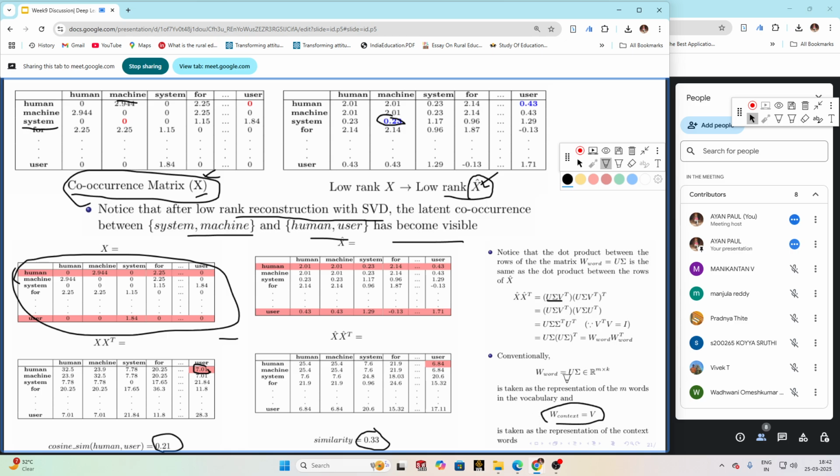So this is again maths, and I am not going deep into the maths. You just need to understand that whenever we apply this SVD and make this co-occurrence matrix a lower rank matrix, the values become visible in the case of system and machine, and human and user. Earlier it was 0, but now it is visible. In terms of cosine similarity, earlier the cosine similarity was smaller, but whenever we apply SVD, the cosine similarity also increases.